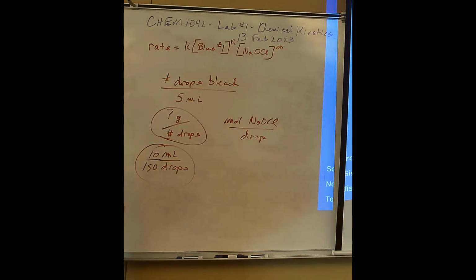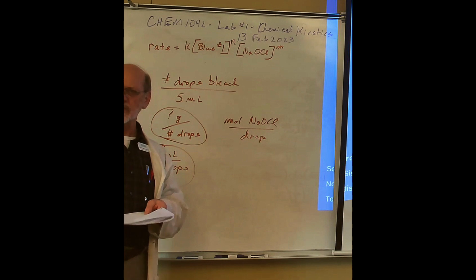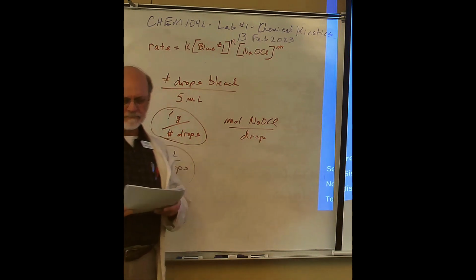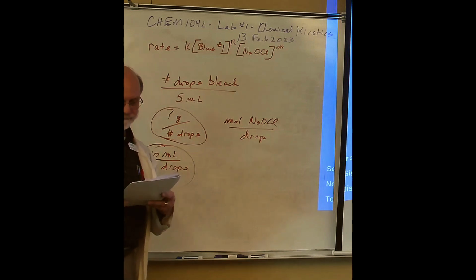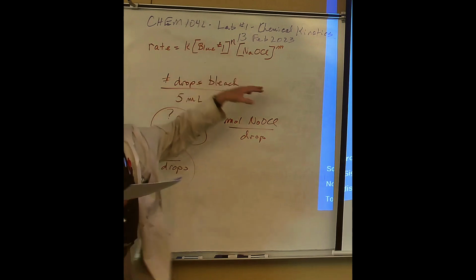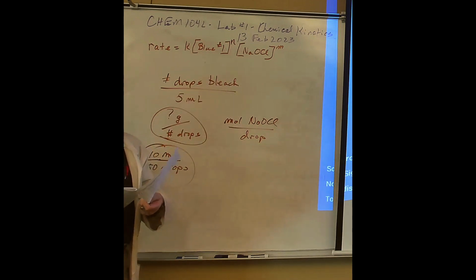It probably didn't mention it in the procedure, did it? No, I didn't think so. So you do need to know that. And then you'll have enough information with everything else you've done to do all the calculations that you need.